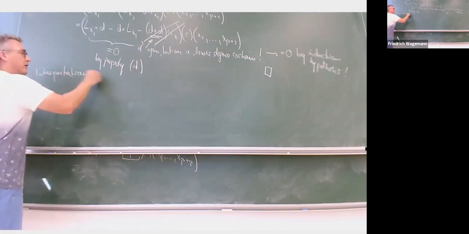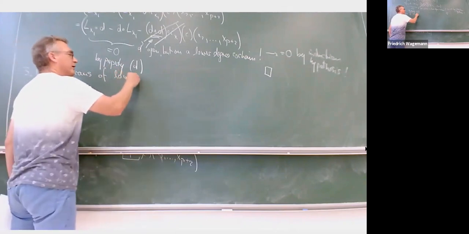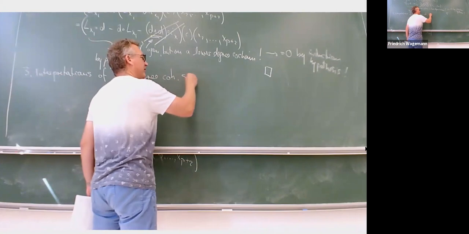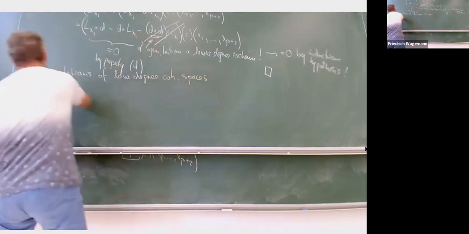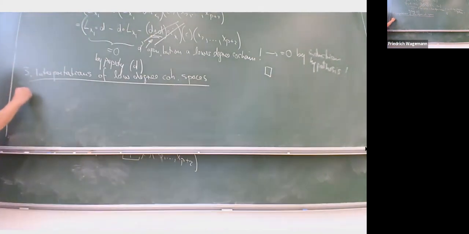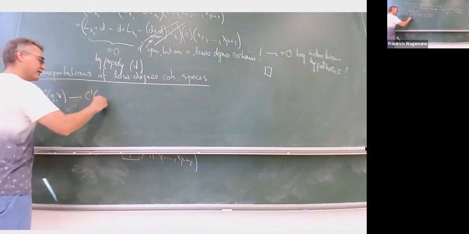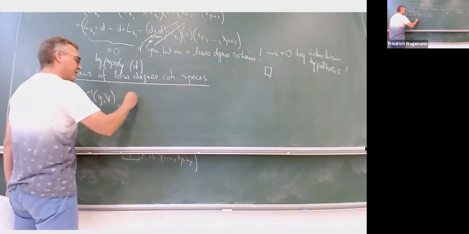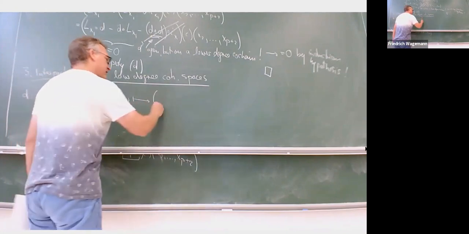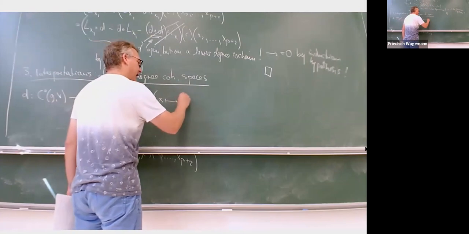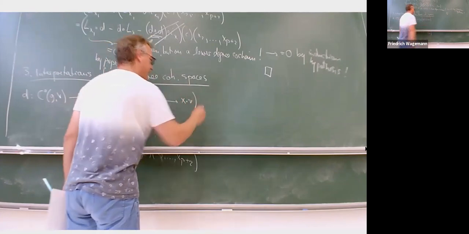Interpretations of low degree homology spaces. So I told you already the D from C0 of g, V to C1 of g, V is just the map which sends v to the map which sends x to x acting on v.